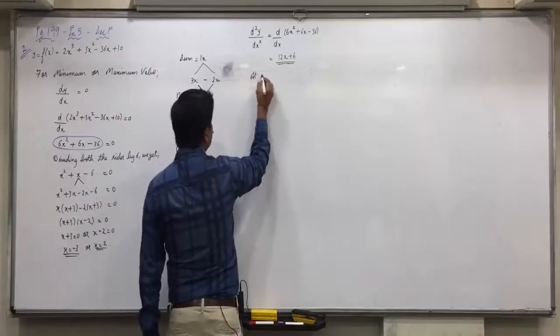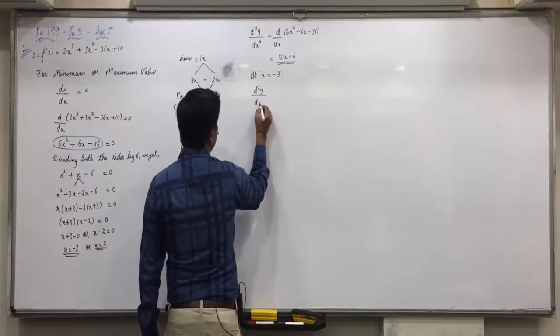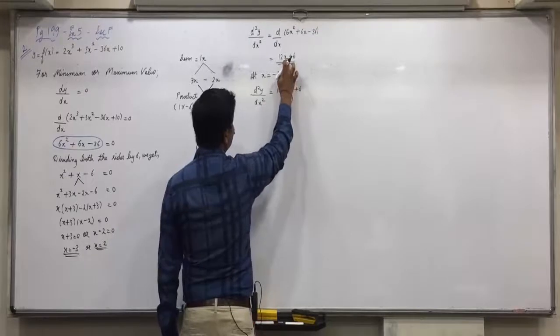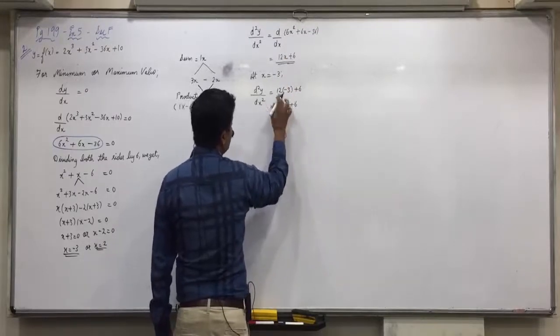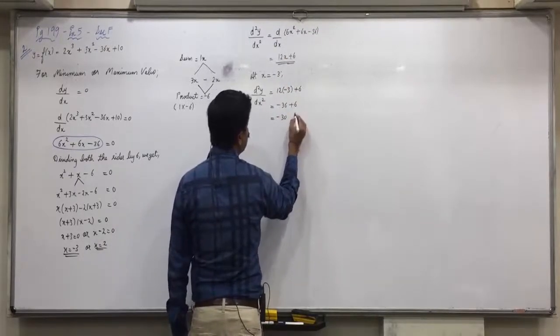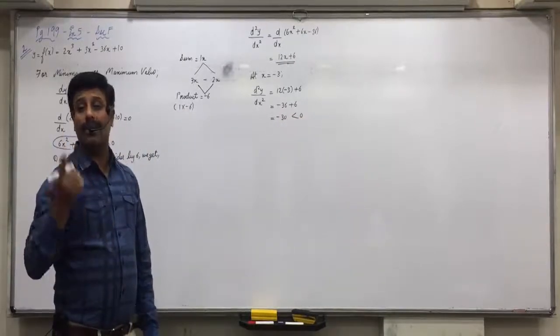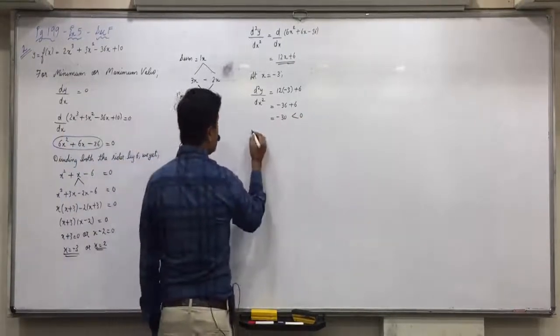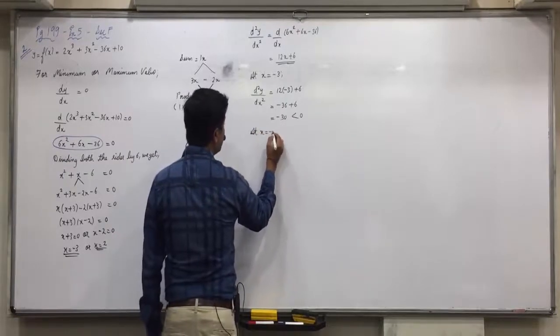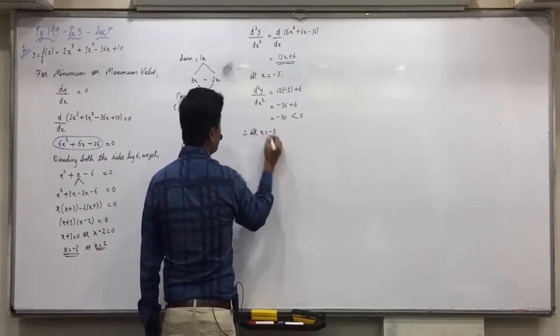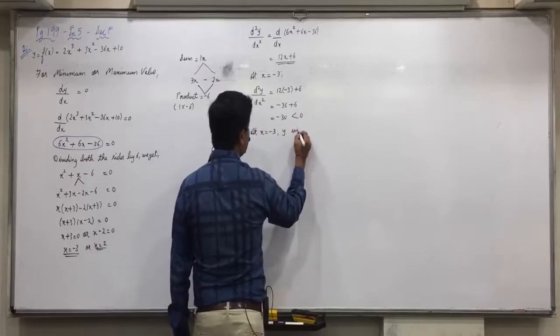So at x equals minus 3, d square y upon dx square equals, in x we'll put minus 3. 12 into minus 3 is minus 36, plus 6, minus 30, less than 0, means maximum. Okay, negative means maximum. At x equals minus 3, y will be maximum.